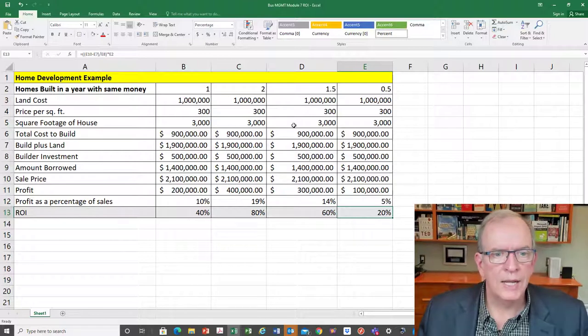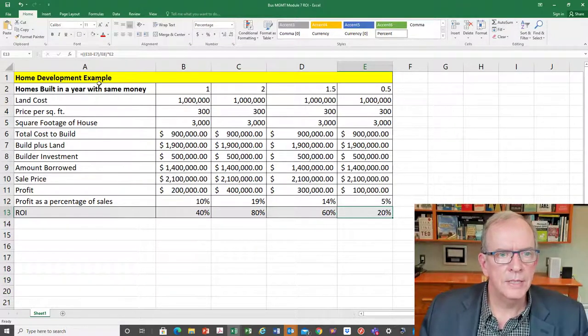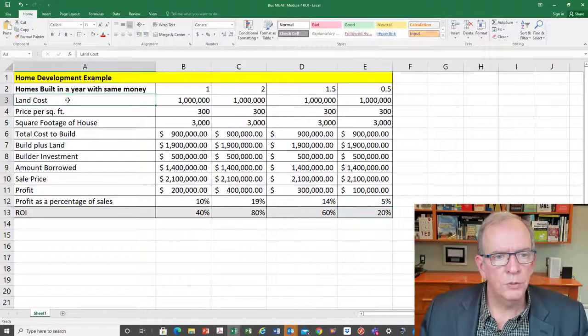Okay, so in Excel, you can see it, and we have this home development example. So you put in the land cost, you put in the price per square foot to build it, you put in the square footage of the house, the cost to build plus land value, builder investment. So what are you putting into it?